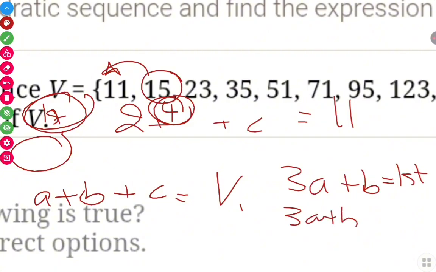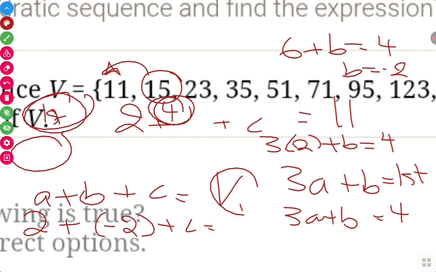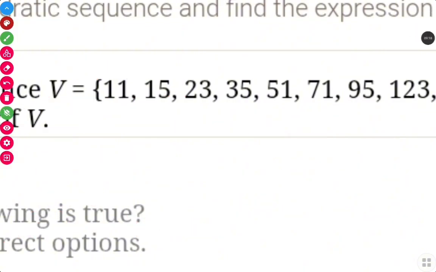So 3a plus b is equal to 4. A is 2, so 3 times 2 plus b is equal to 4. 6 plus b is equal to 4. B is equal to negative 2. Okay, so 2 plus negative 2 plus c is equal to v1. v1 is 11, so 2 plus negative 2 cancels out, so c is equal to 11.